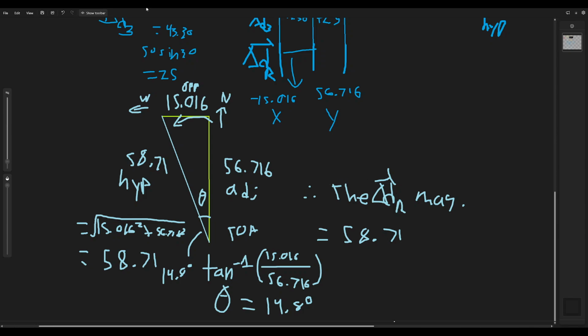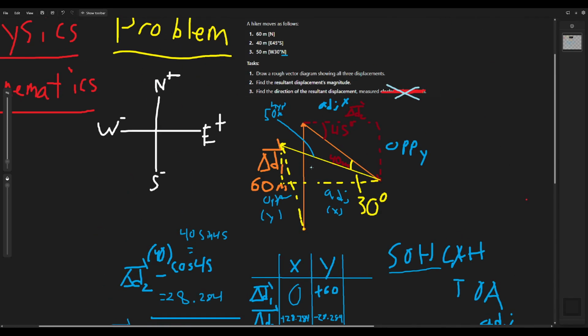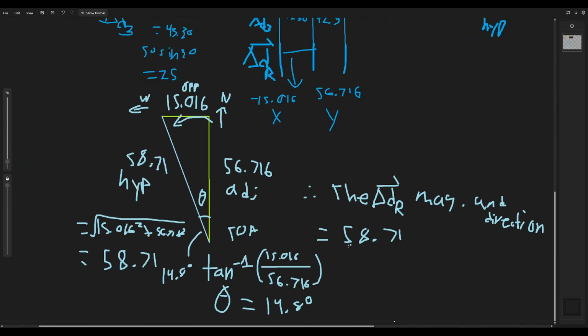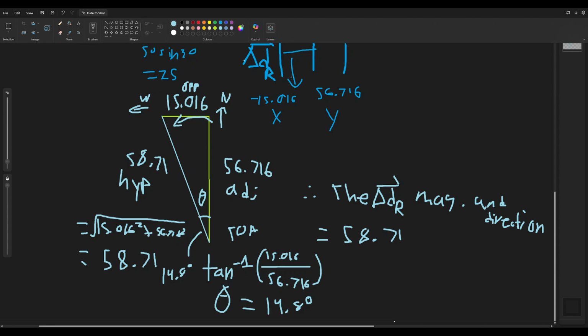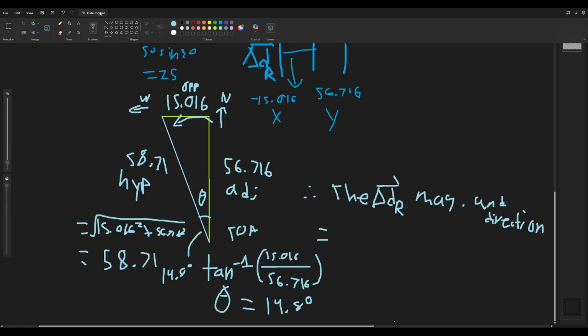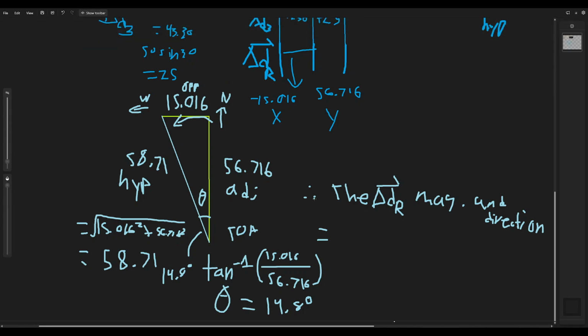Therefore, actually, let me redraw. Okay, so therefore the resultant's magnitude and direction is equal to 58. Well, let's pay attention to significant digits. It wants us to use two significant digits, so let's round this to 59 meters.